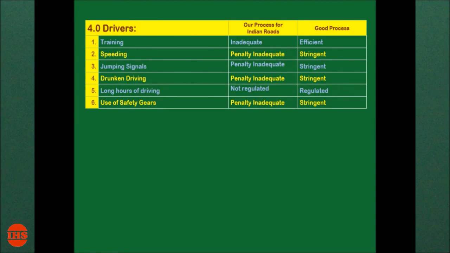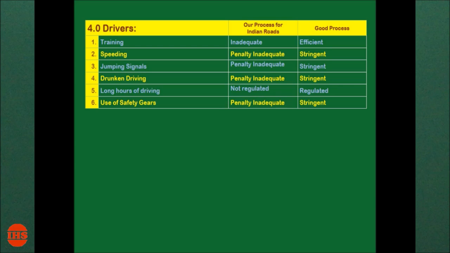Number 4. Drivers. Training is inadequate on Indian roads, is efficient in good process. Speeding penalty is inadequate on Indian roads, stringent in good process. Jumping signals penalty is inadequate on Indian roads, stringent in good process.